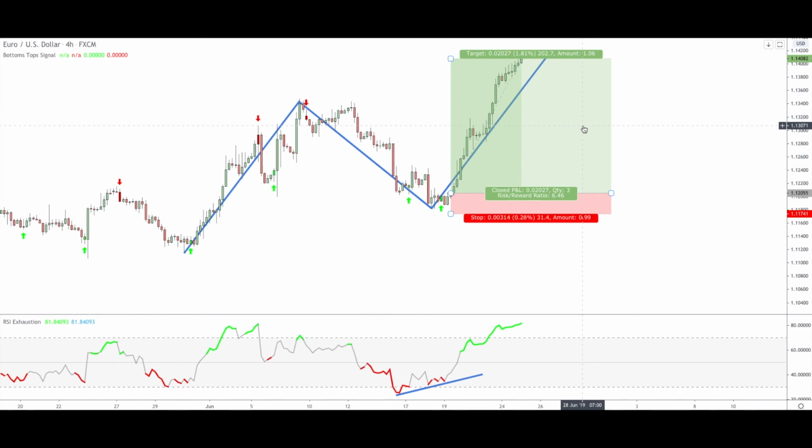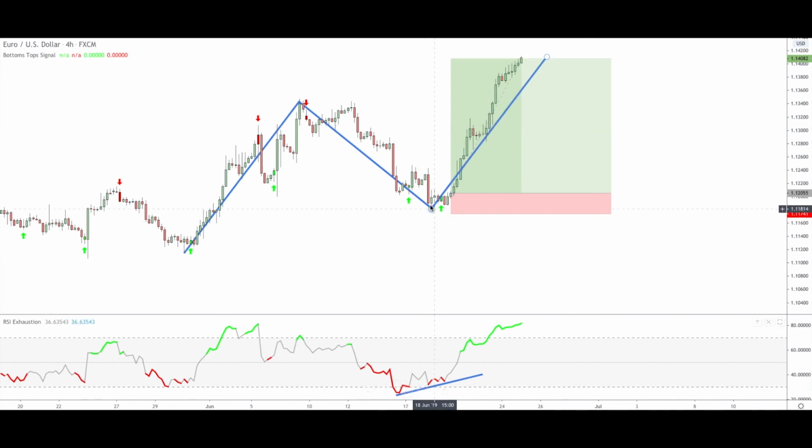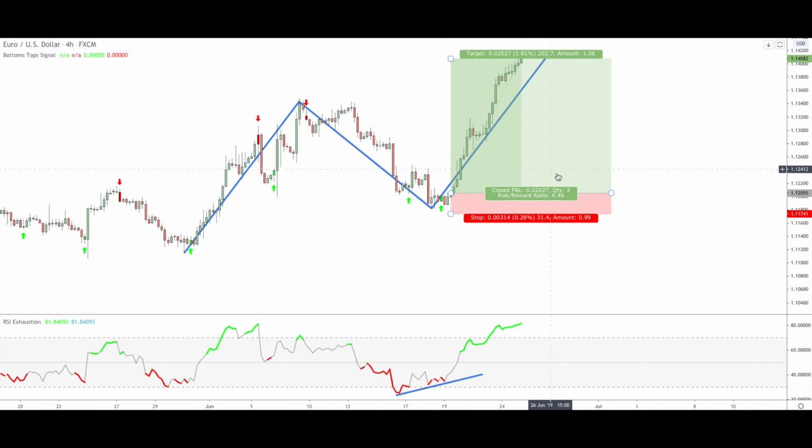It's amazing. And with this kind of setup, you always should expect returns in the area of let's say 3 to 4, maybe 5. But when you are able to achieve a 6.5 like this one, it is really amazing.